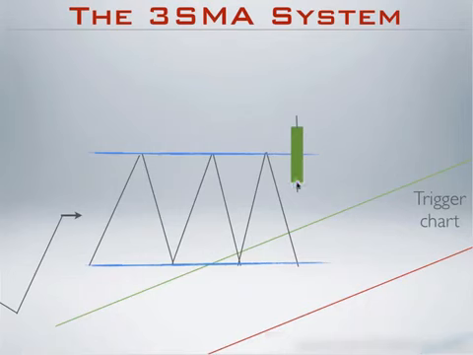You want a solid full body candle breaching through that congestion boundary. Then maybe 1, 2, or 3 small candles pulling price back to the range boundary, driving price down a little bit to retest that range boundary from above.